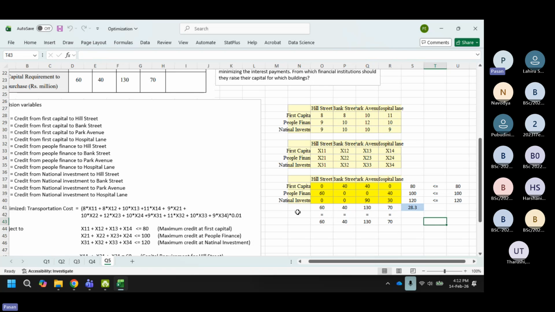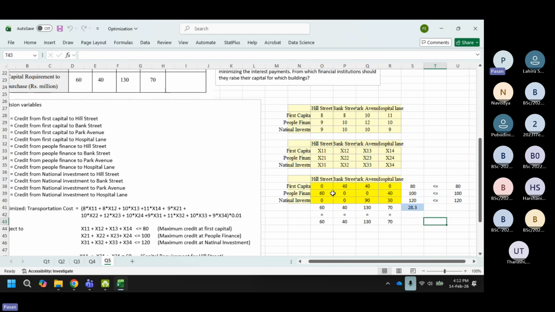Now when we read the question, I think I mentioned that we can select either all four places or different places, but what it says is that we have to go for all four places, and so we decide to go for all four places. But the thing is that each bank is providing different rates, so that's why we need to find out the best rates we can have from each bank, right?